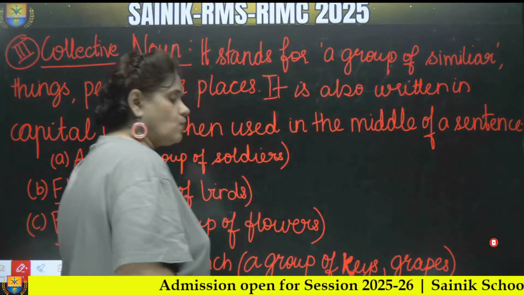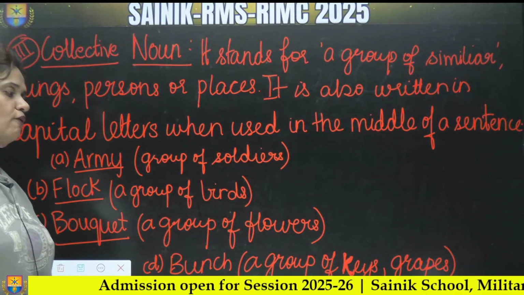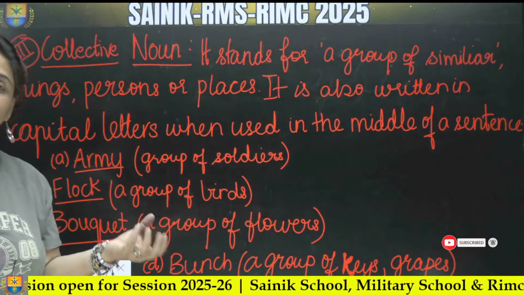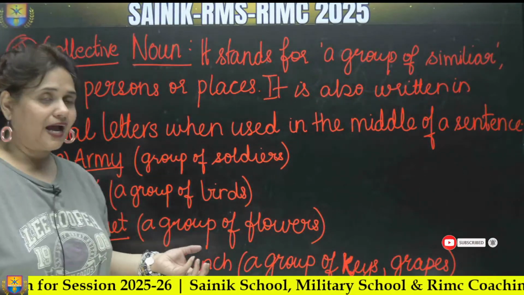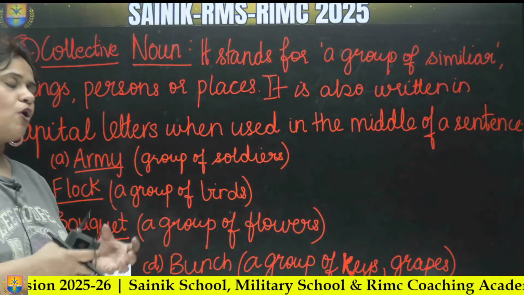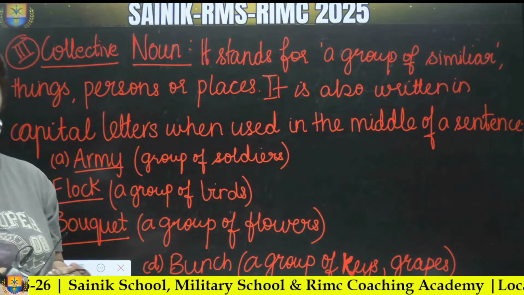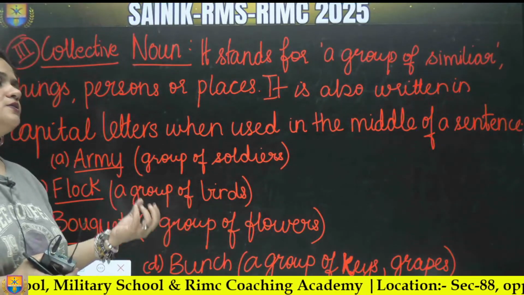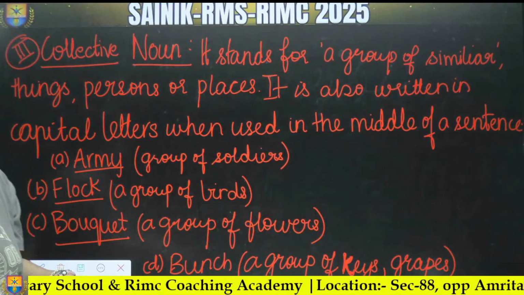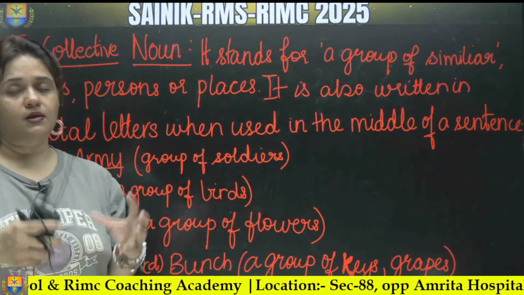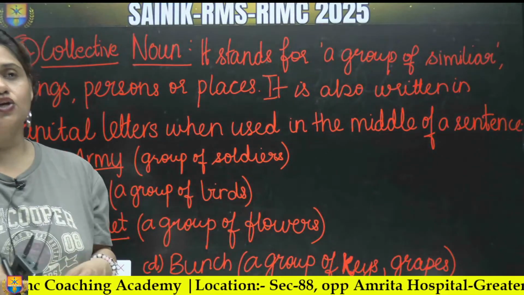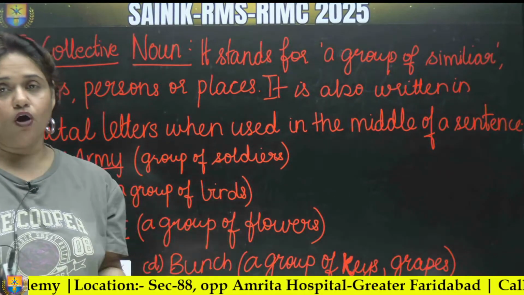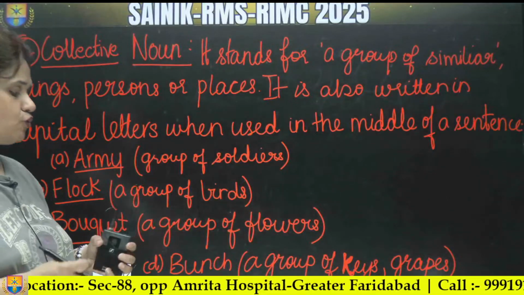So we can use the word for grapes, a group of keys, or the grapes together. So we will call it a bunch of grapes. जब बहुत सारे grapes हम लोग साथ में देखते हैं, तो when we want to buy the grapes also, we will say, sir, can you give me a bunch of grapes? When the keys, हमारे घर की बहुत सारी keys, when they are together, तो हम लोग उसको pile up कर देते हैं. Then we call it bunch of keys. We have few more examples.